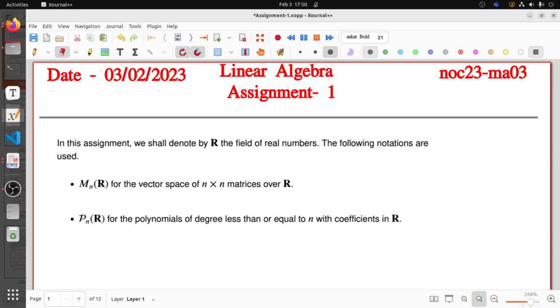Now the last one, what it is saying, if span of A is B and A is a subset of B, then span of B is also B. You have to check. So let's check the fifth one. If span of A is B, A is a subset of B, then span of B is also B. So you have to prove this, right?